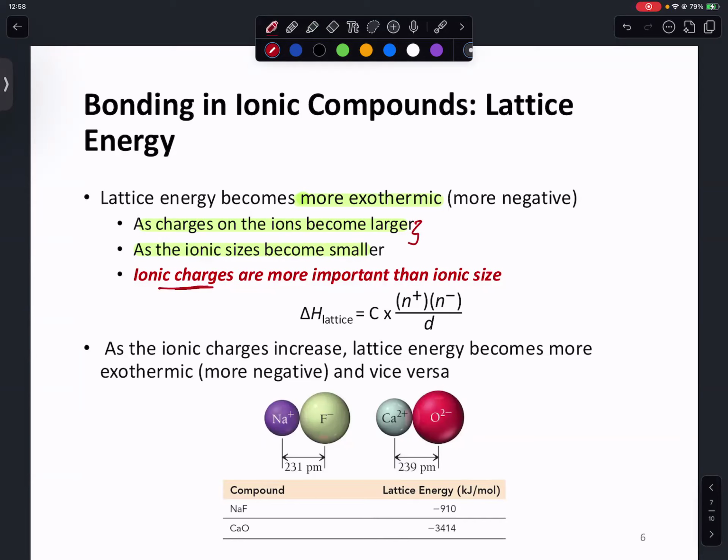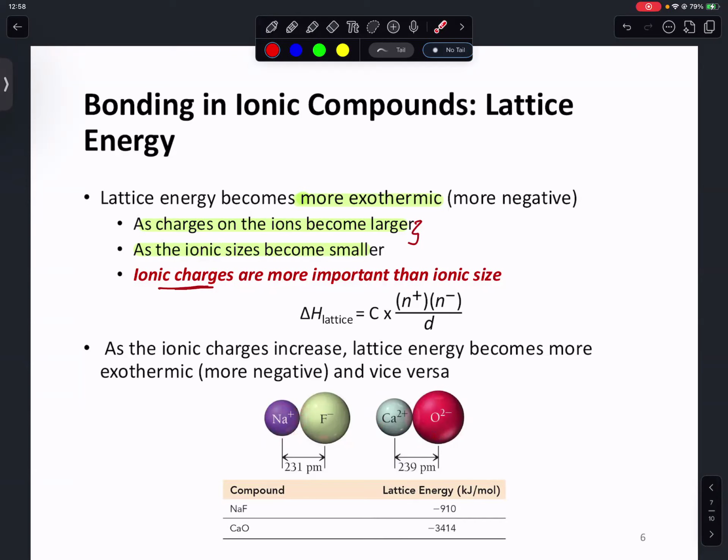Right here is a very good comparison between sodium fluoride and calcium oxide. Note that the charges and the ionic sizes are also different. Calcium is higher in charge than sodium, as is oxide versus fluoride.